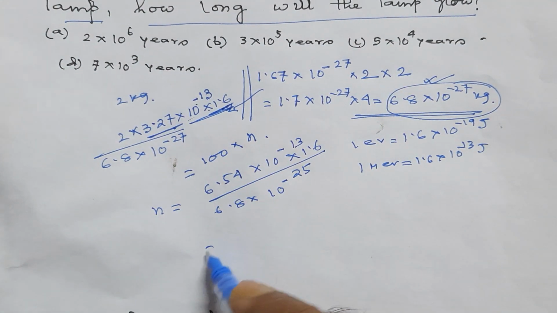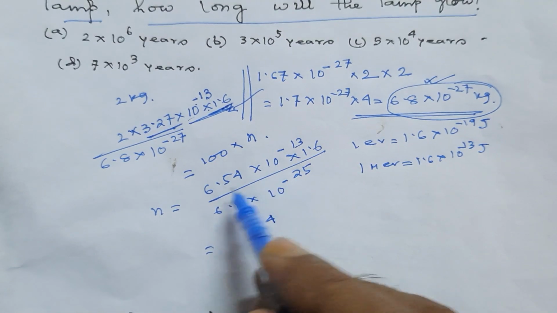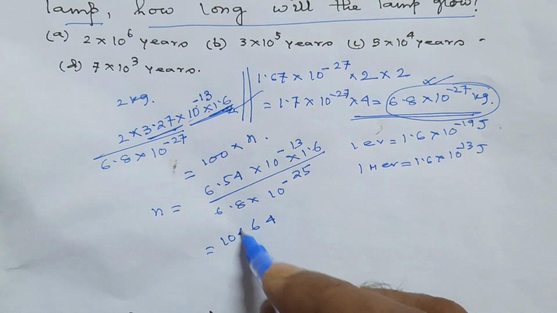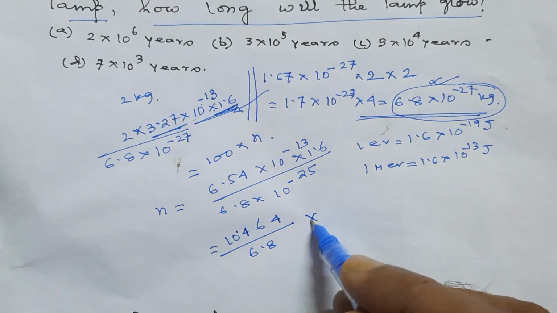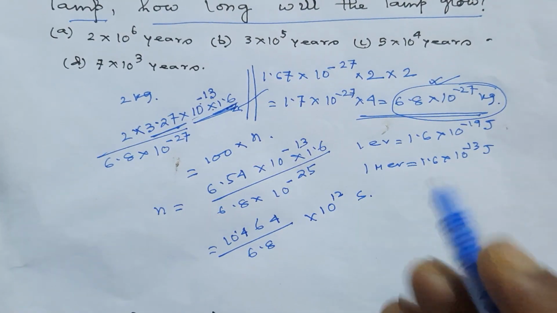So the result is 10.46 by 6.8 into 10 to the power 12 seconds.